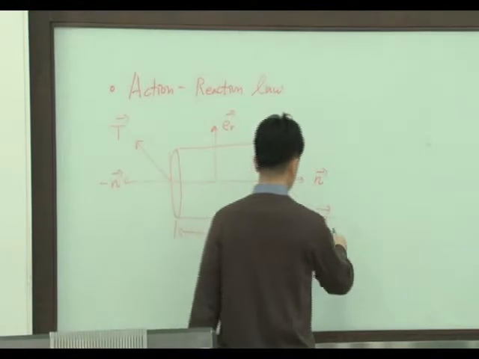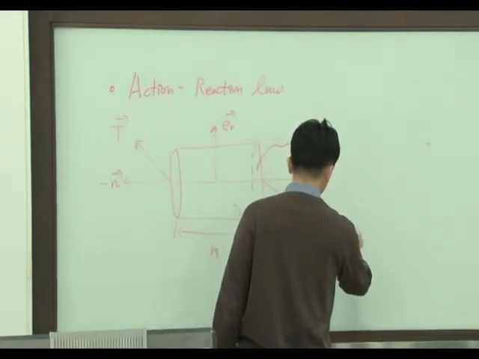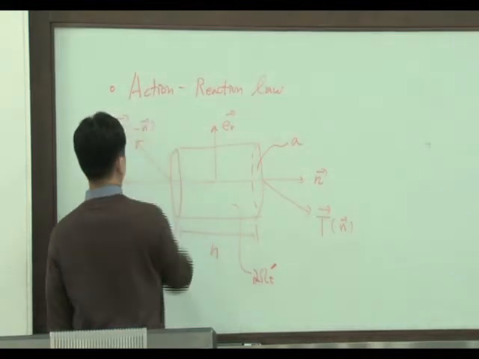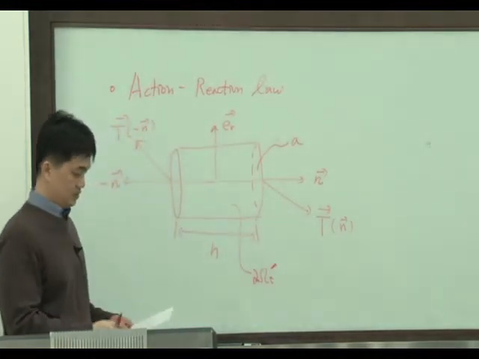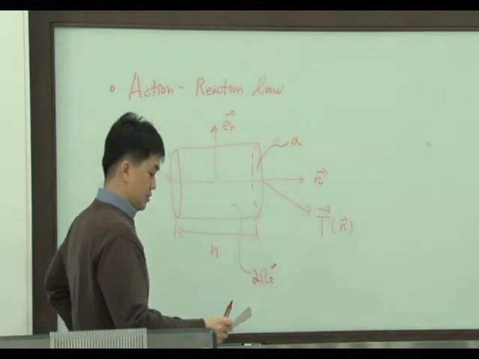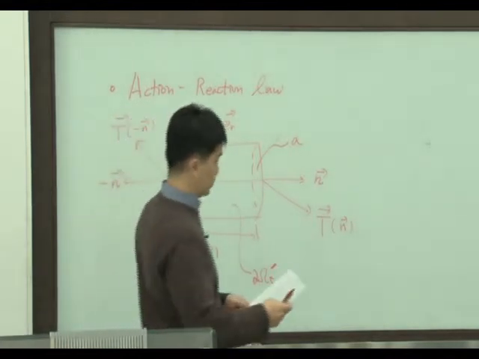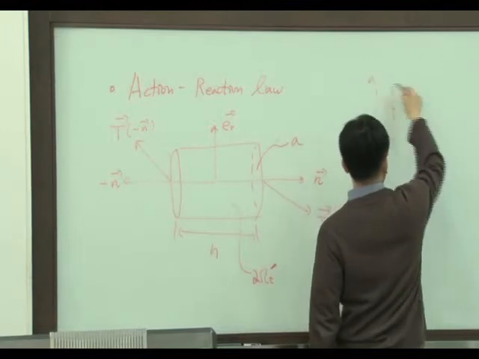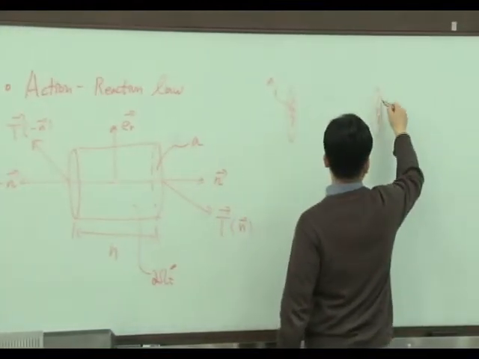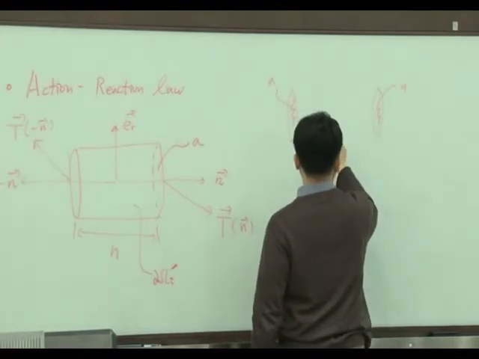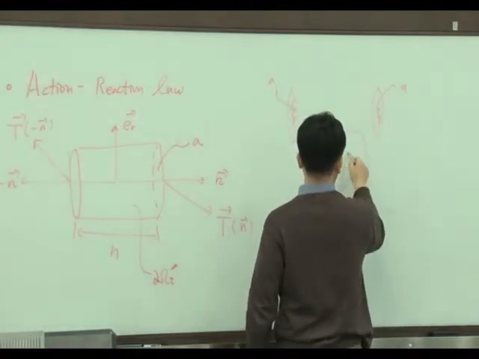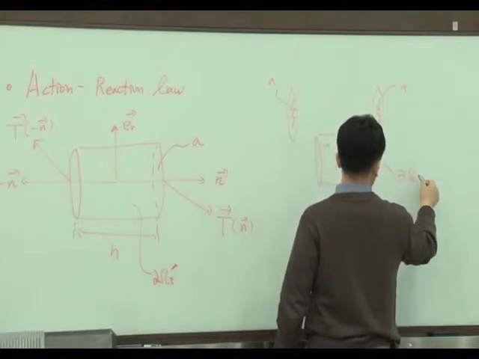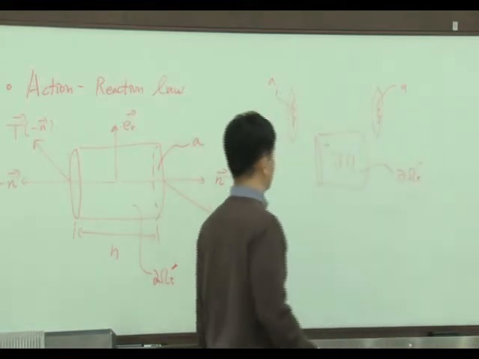So this t is traction, a function of n, minus n. So we have three surfaces. Here A, here also A, here partial omega t, three surfaces.